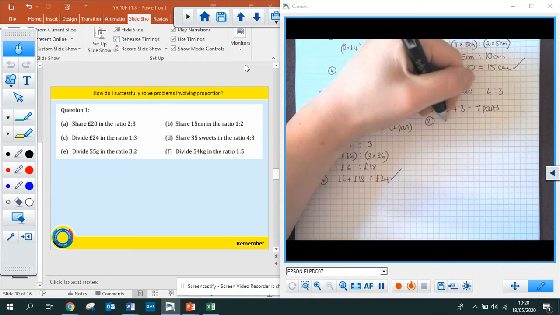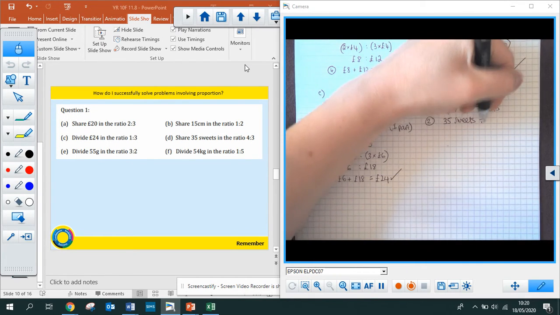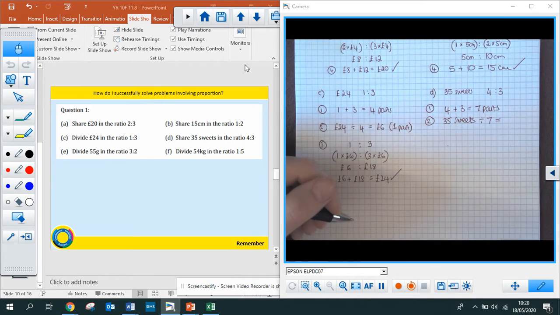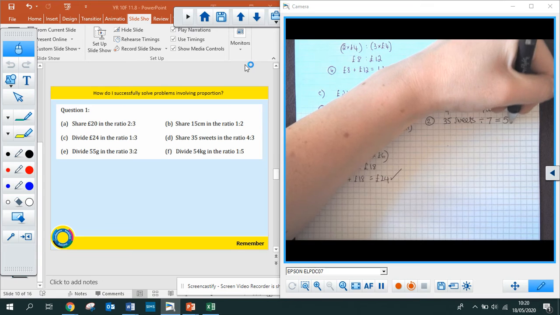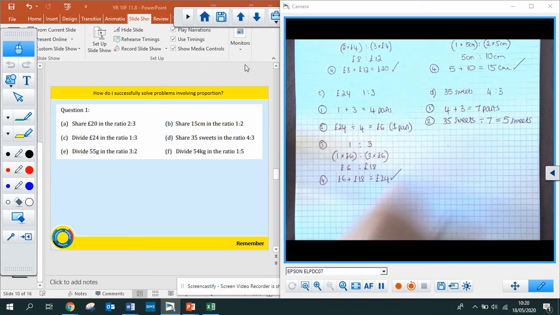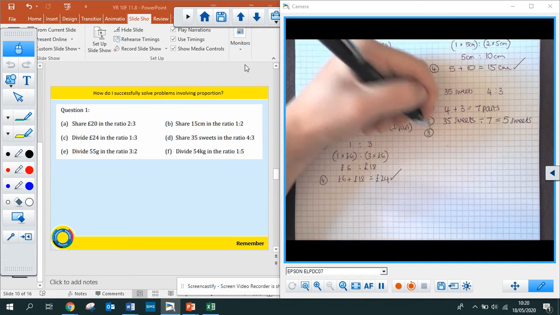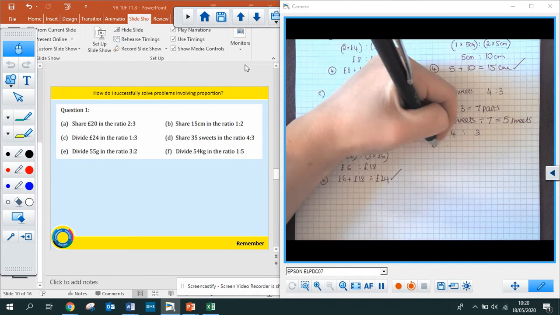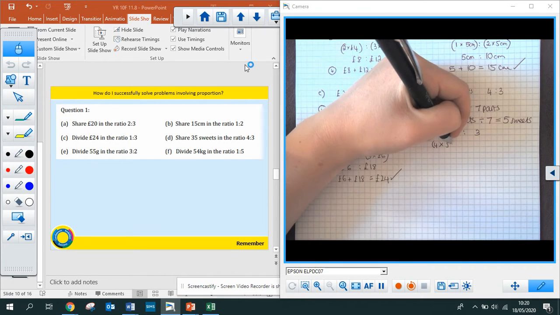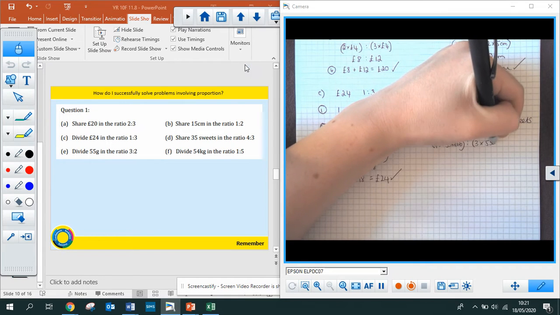Step 2, divide my amount, 35 sweets, by my total number of parts, which is 7. That tells me that each part, one part of the ratio, is worth 5 sweets. Okay, step 3, sharing your given ratio, which was 4:3. So I need to do 4 lots of 5 sweets to 3 lots of 5 sweets.